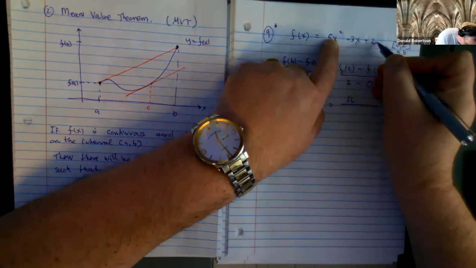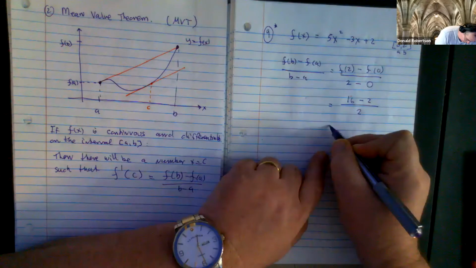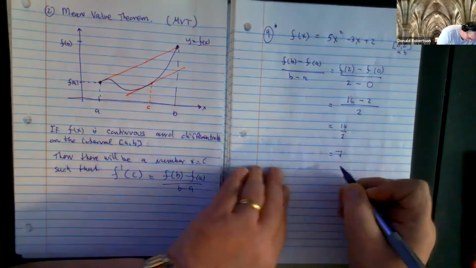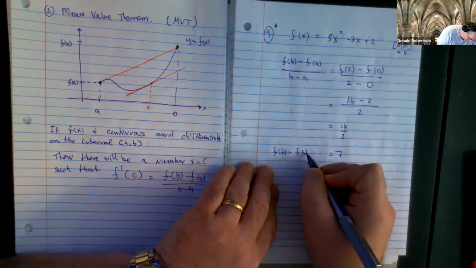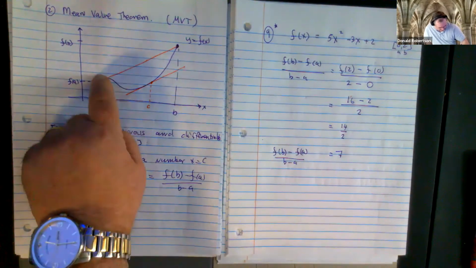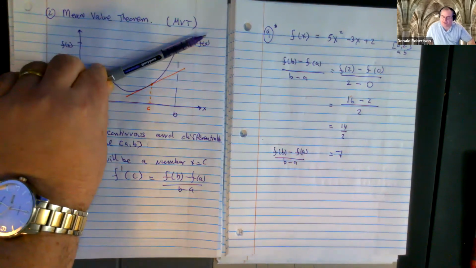The value of the function at 0 is going to be 2. So that's going to be 14 over 2, so it's 7. So the slope from the start to the finish is 7, right? You can imagine that red line there would have a slope of 7.